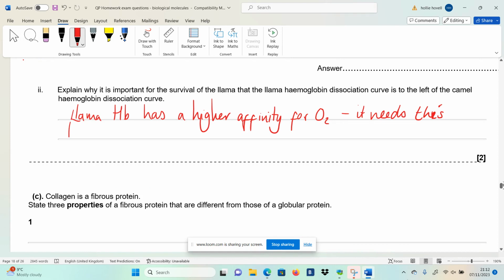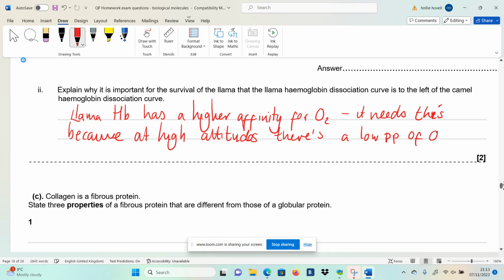Okay, so it needs this because at high altitudes, there's a low partial pressure of oxygen.